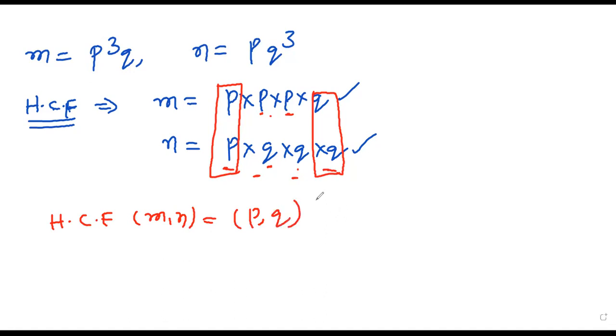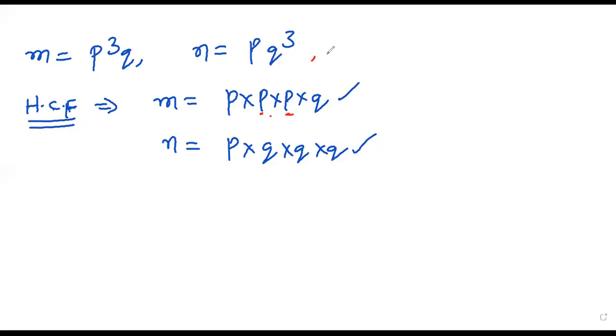For more information, suppose we have one more number, s is equal to p square q t. Then what is our HCF? Here we write s is equal to p into q into t.